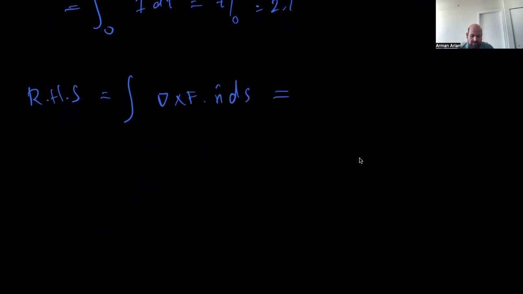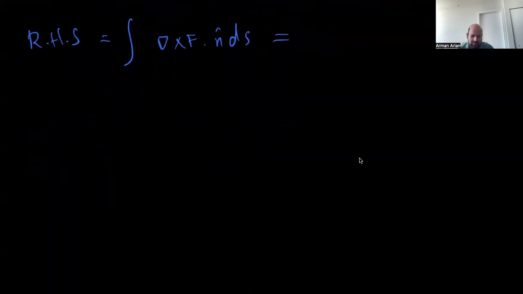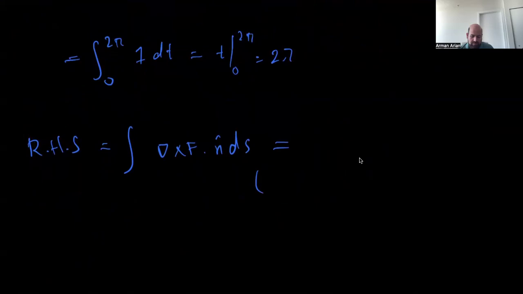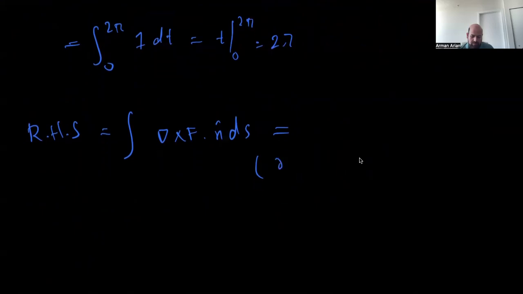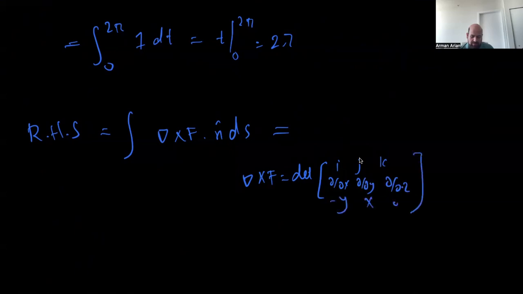So let's calculate curl of f, the determinant with i, j, k, d/dx, d/dy, d/dz, and f was minus y, x, and 0.